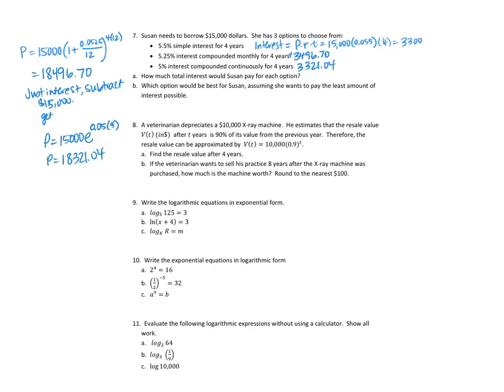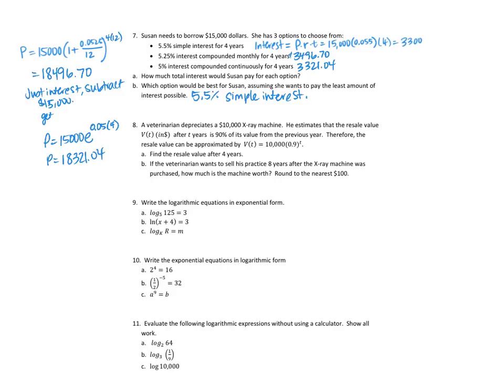So how much total interest would Susan pay for each option? So I've answered that. Which option would be best for Susan, assuming she wants to pay the least amount of interest? So it looks like the least amount of interest is the simple interest. And now the simple interest isn't always the best option, but in this case it is.